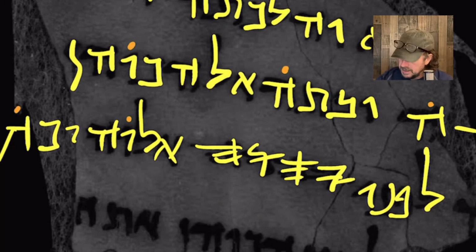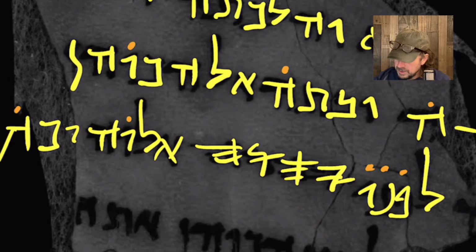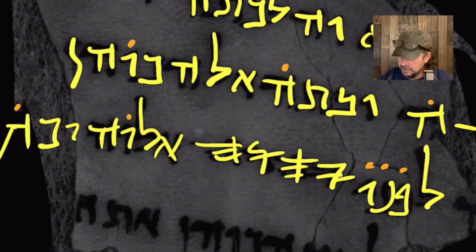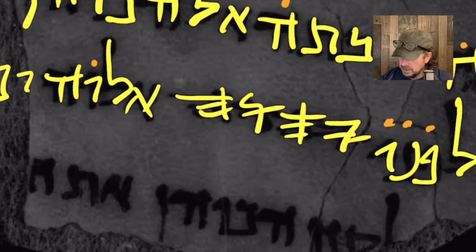But all three of these letters, I have to mark lifnei, because as we saw in the Masoretic Text, the lamed goes right attached as one word, ladonai. So this is dated to the 1st century, I think, or Herodian. So it could be 1st century BC, maybe a little into the 1st century Common Era.